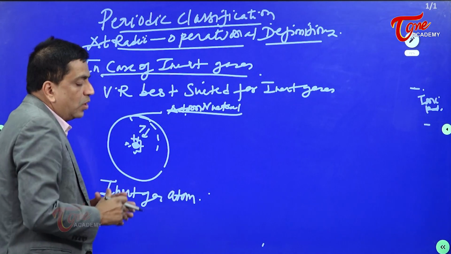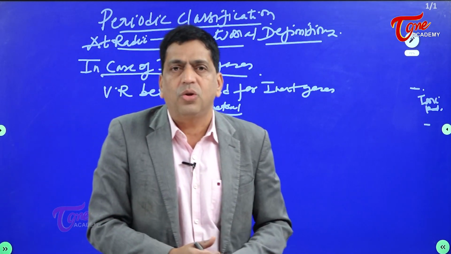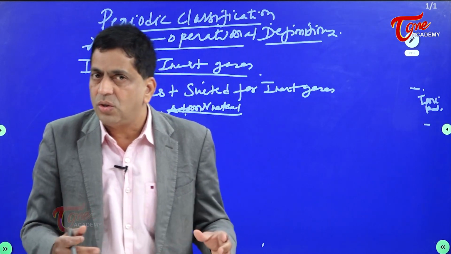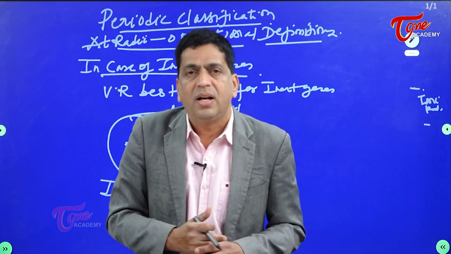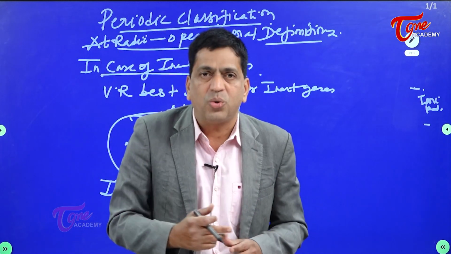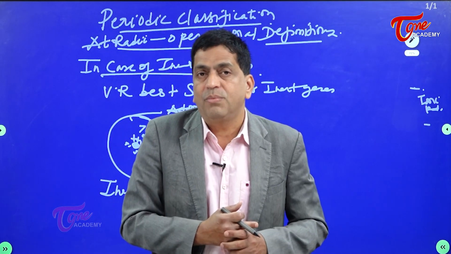You know, there are two conditions for an atom to be neutral. If someone asks you when an atom is neutral, you would answer that the number of positives equals the number of negatives. But that's a wrong way of answering. That's an essential condition, but that won't be a sufficient condition. You must always say that the positive charge is in equilibrium with the negative charge. Then the atom will be neutral.